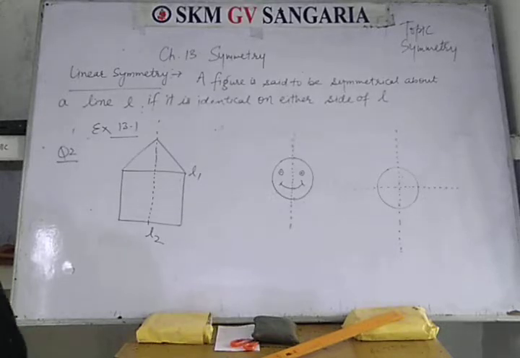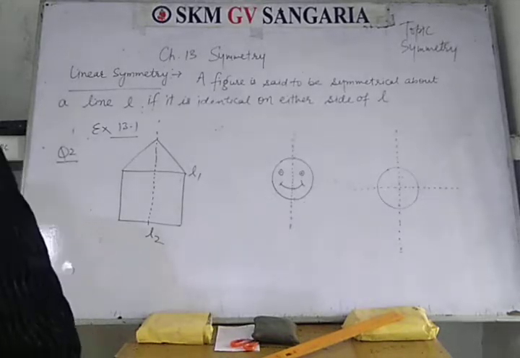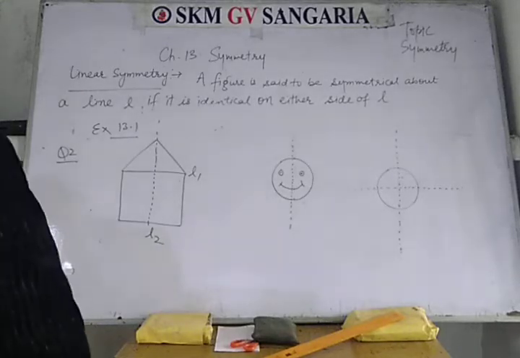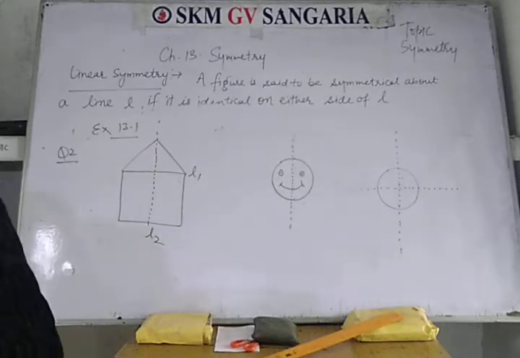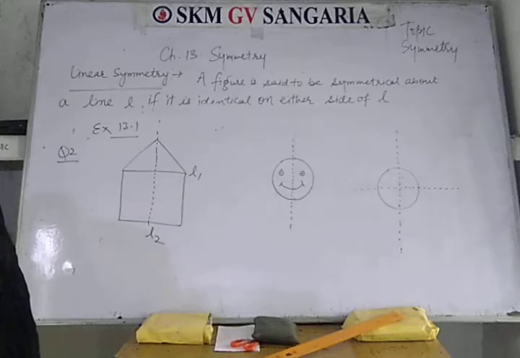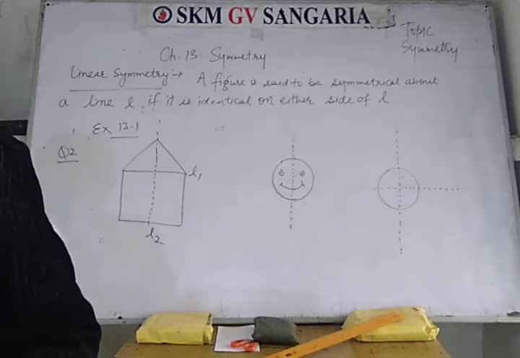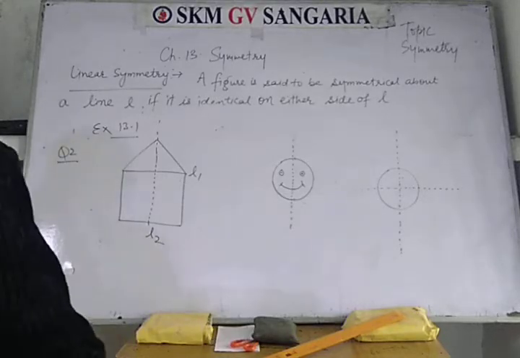So L2 will be the line of symmetry. In the third part, identify the shapes given below. Check whether they are symmetric or not. Draw the line of symmetry as well. Students, in this first, A is a lock.